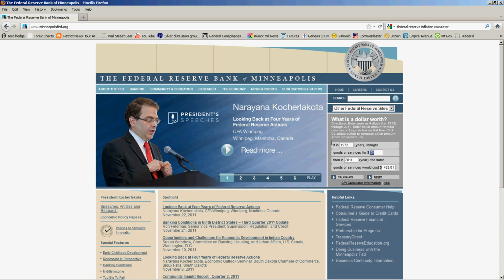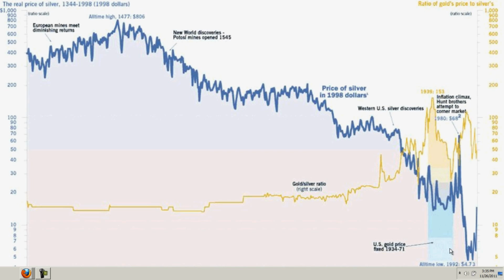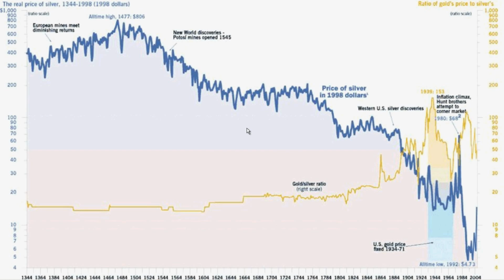So we will put in 806 as our number, and then we're going to say that 1998 was the time we had that price, and then this will give us today's price. So today's price, if we go back to the price that we had as a high, then will be over $1,000 an ounce. Now that's at a 15-to-1 ratio.